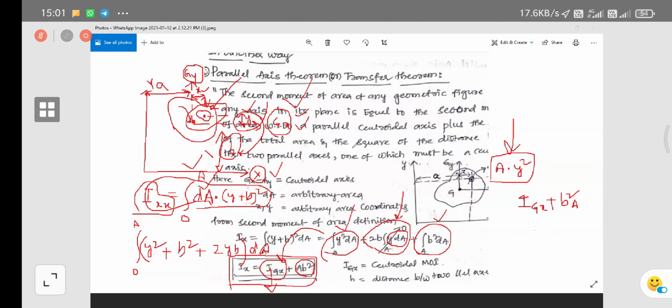See here, one axis is your x-axis and another axis is your gx-axis.